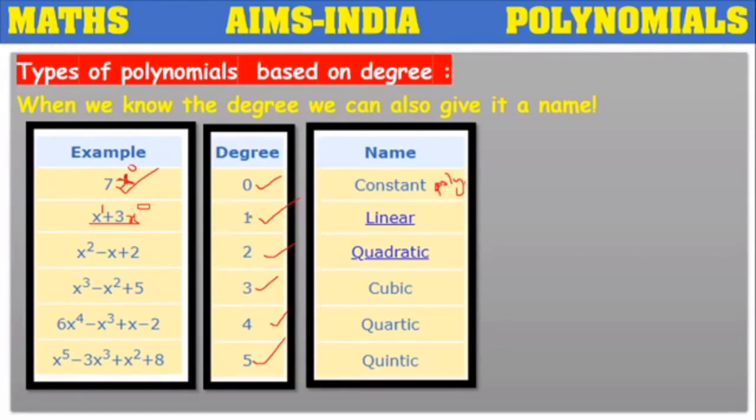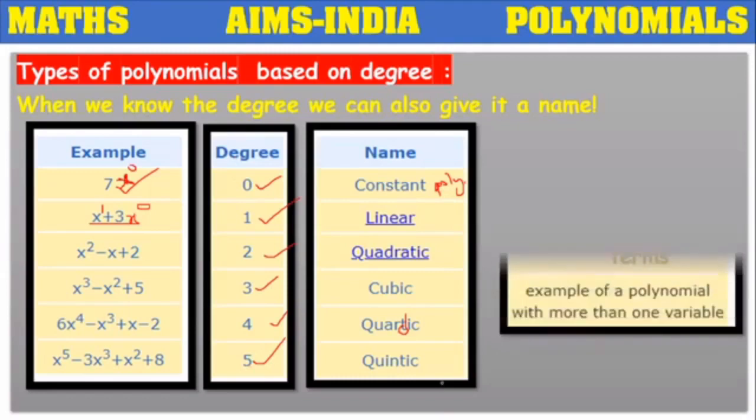If the degree is 1, linear polynomial or first degree polynomial. If the degree is 2, quadratic polynomial or second degree polynomial. Like this, cubic polynomial, quartic polynomial, and quintic polynomial. Like that, based on the degree, we can name the polynomials.